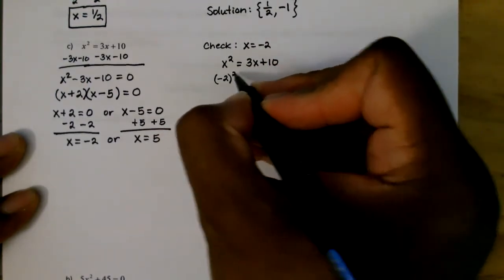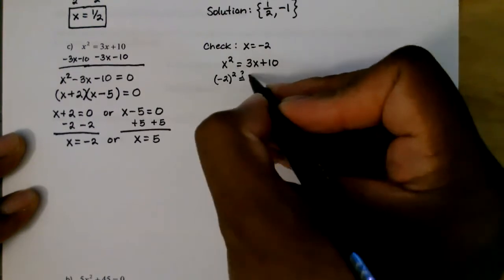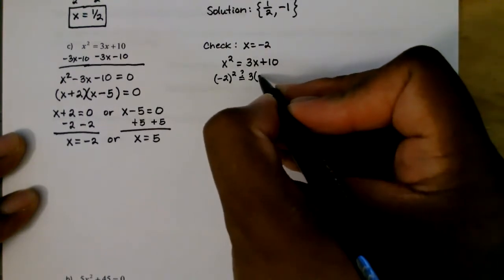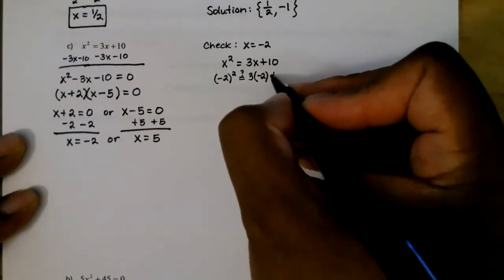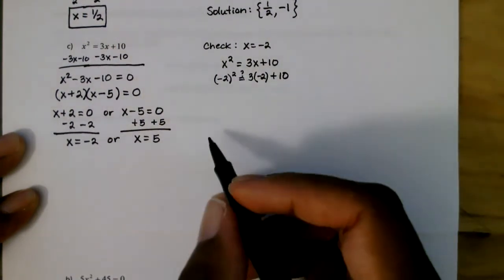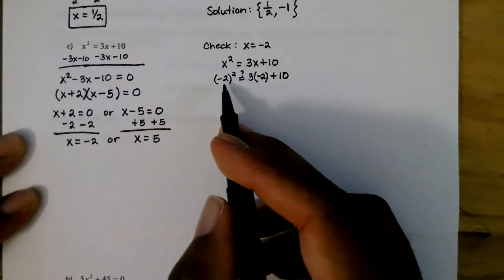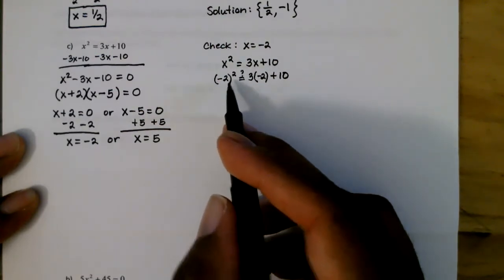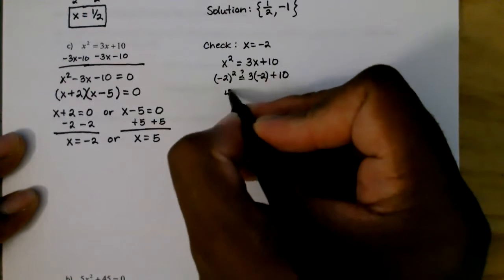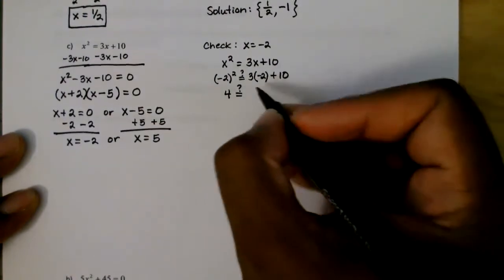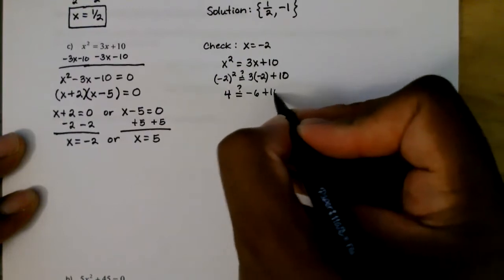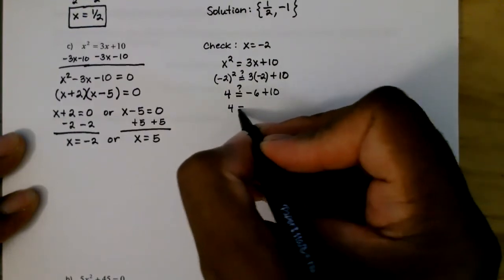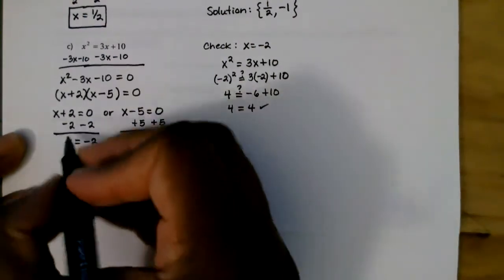I'll have negative 2 squared, and I want to know if that's going to be equal to 3 times negative 2 plus 10. Square the negative 2. That's negative 2 times negative 2, which is 4. Well, note that's equal to 3 times negative 2 is negative 6. Negative 6 plus 10 does give me 4, so that checks.